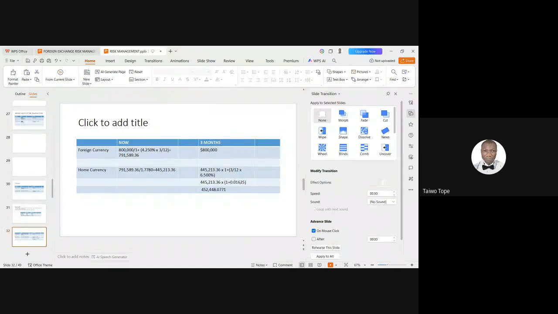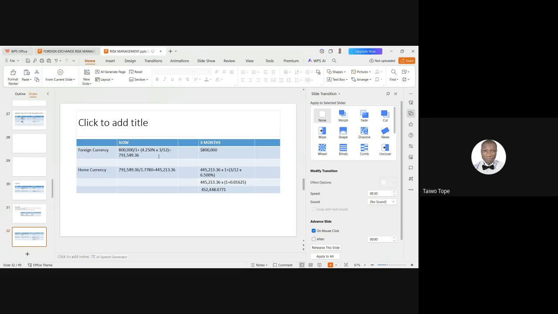Okay, this is what you do, ma'am. So 4.250 divided by 100 will give you what, ma'am? 0.0425, sir. Multiply by 3. 0.1275.